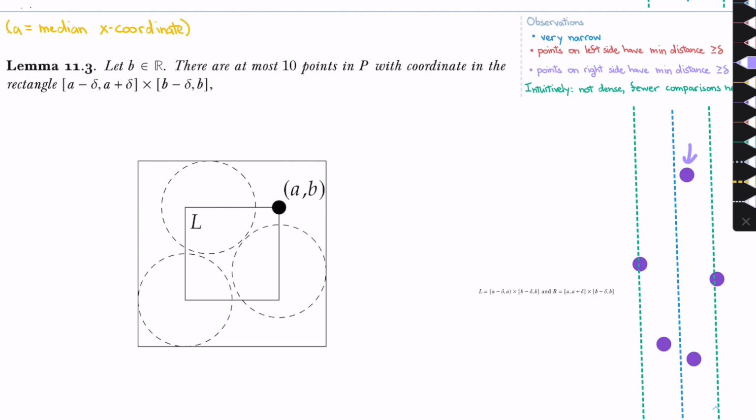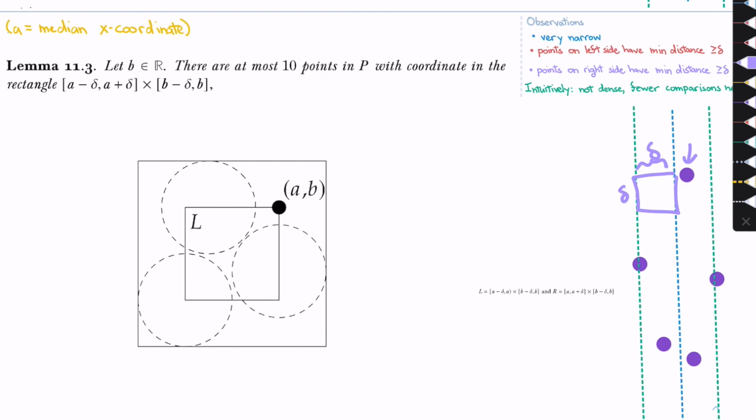So I'm really only worried about comparing to points in this square here, if this was a width delta by delta kind of thing. Anything below that square on that side will be at least distance delta away because the y coordinate has gone down by at least delta.